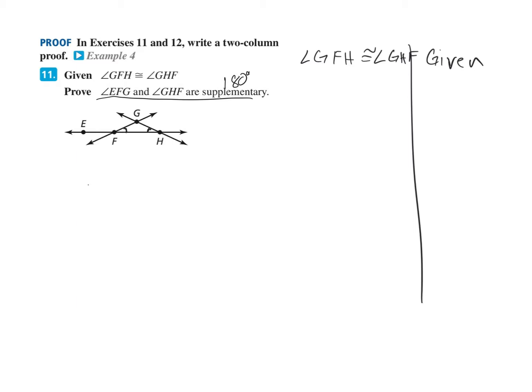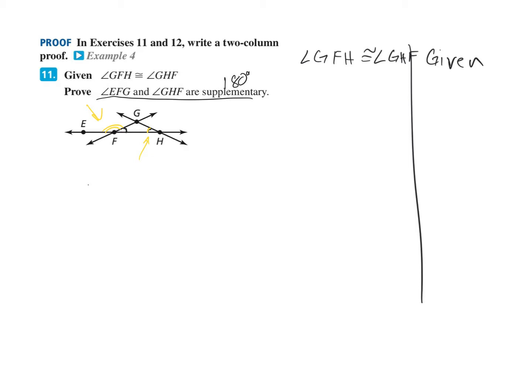So EFG, this angle right here, and angle GHF have to be supplementary. So the inside one right here. So GFE, which is right there, and that inside one there, those are supplementary. All right, so first of all, think through this.